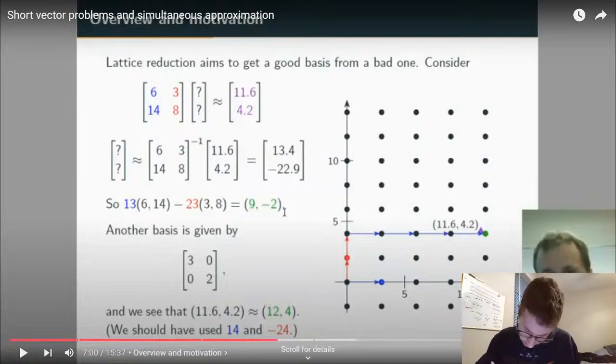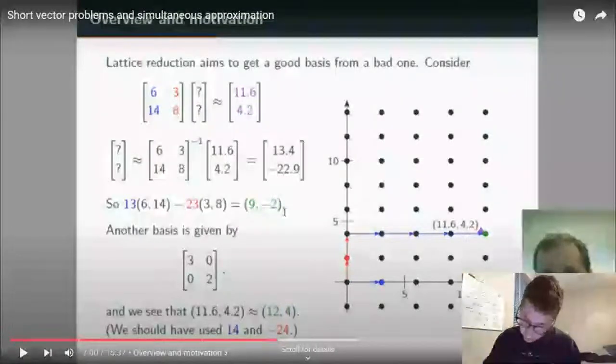So we have lattice basis number 1, 3, 0, 0, 2, and we said this is equal to the other way around, so it's a little easier for our calculation. 6, 3, 14, 8 is equal to 3, 0, 0, 2 times some 2 by 2 matrix that will result in this.